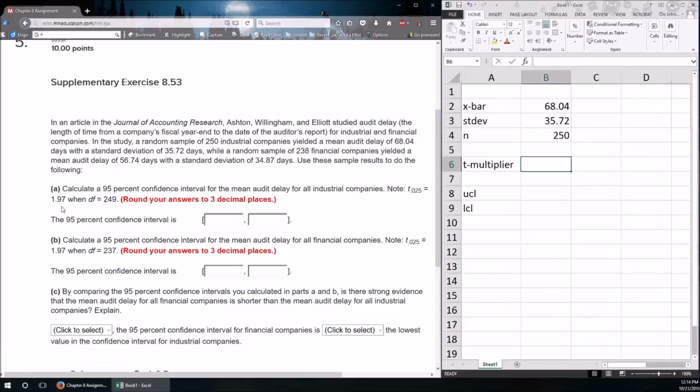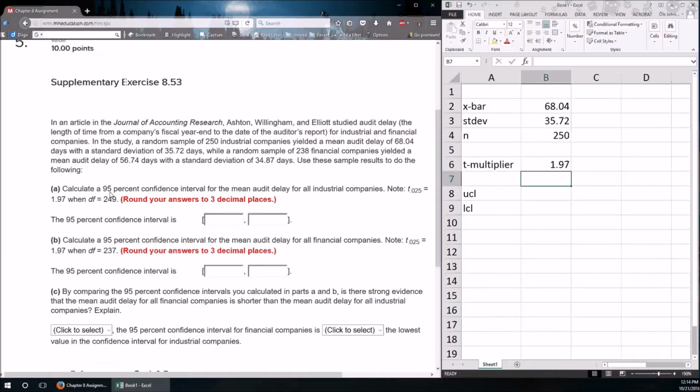The t-multiplier we're given is 1.97. Notice this is t sub 0.025. That 0.025 is exactly alpha over 2, where alpha in this case is 5%. 100% minus 95% is going to give you the alpha.